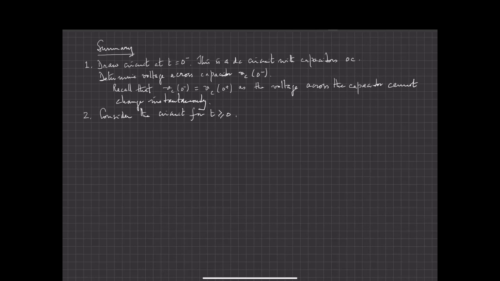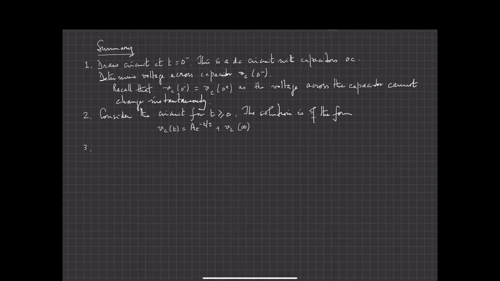The solution is of the form Vc of t equals A e to the power of minus t over tau plus Vc at infinity. So now you start determining the various constants, A, tau, and Vc of infinity.